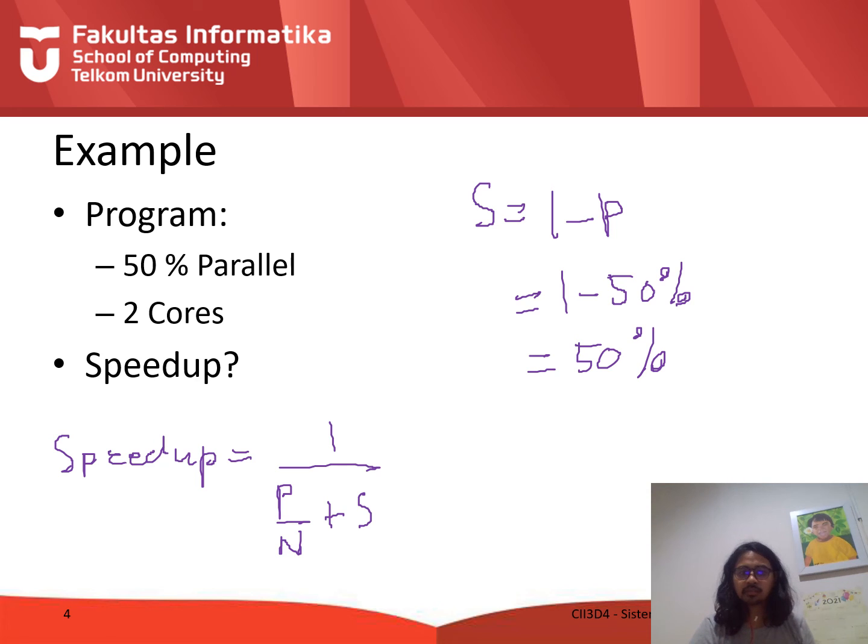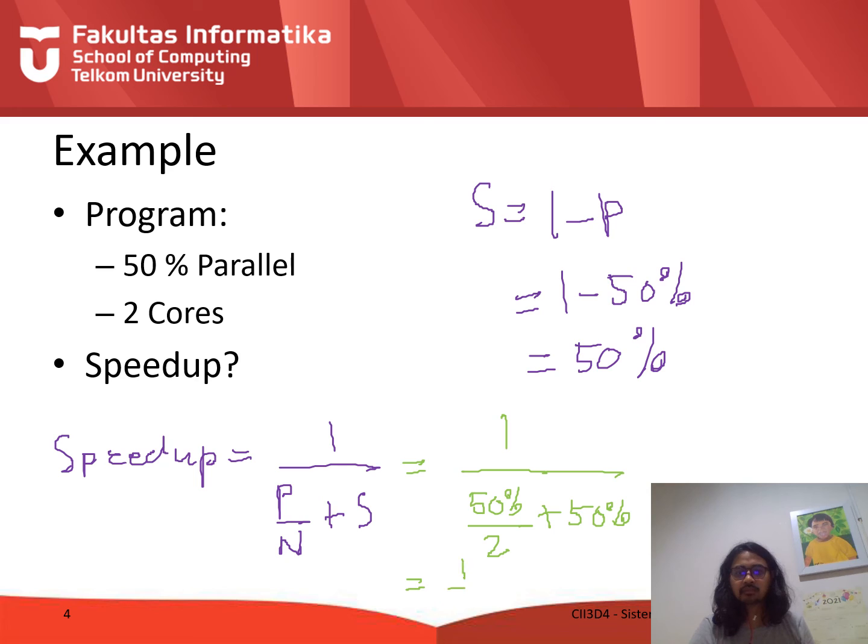So here the equation becomes 1 over P, 50%, divided by N, which is 2, added with the serial part, which is also 50%. And 50% divided by 2 is 25%, and 25% added with 50% is 75%.